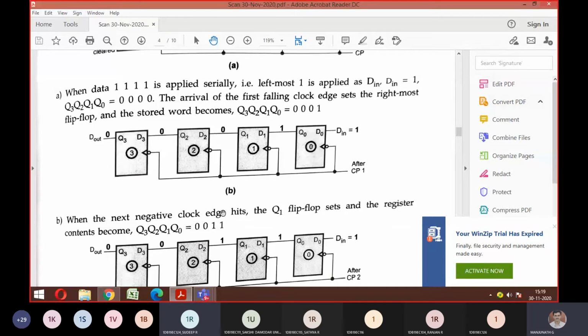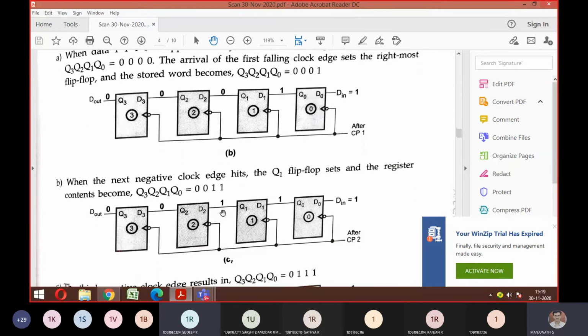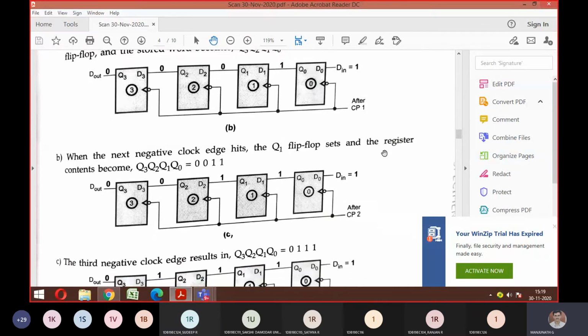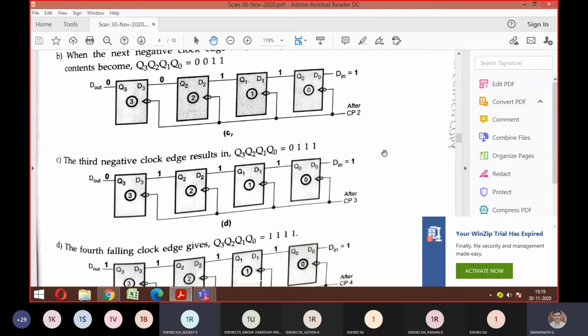Good. Next. 0010, because your input is 10, so 0 will come and 1 will get shifted. Good. Then next, 0101. Then the last one is 1011. That is what we wanted at the output.